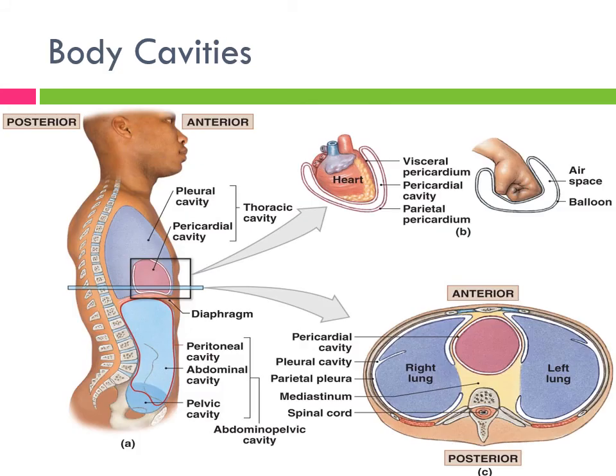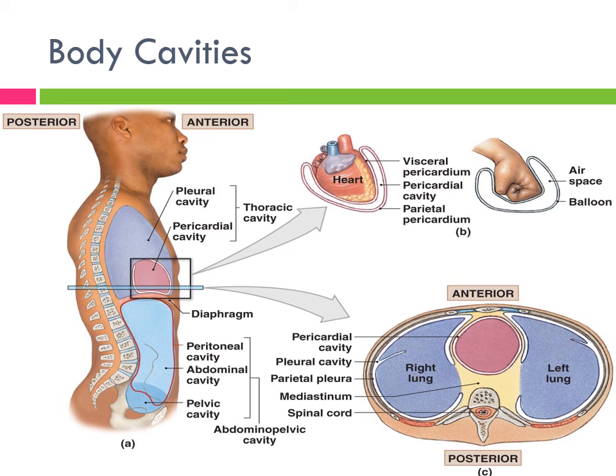So here's a picture of our body cavities. This up here where it says air balloon or balloon and airspace and the fist is punching into it, that's showing you the different layers of these membranes.